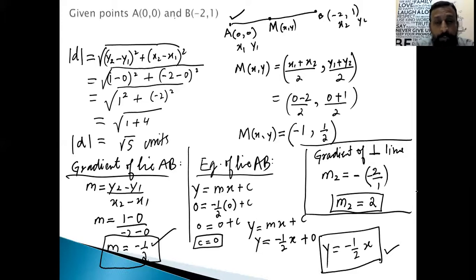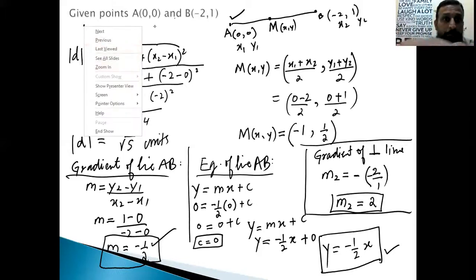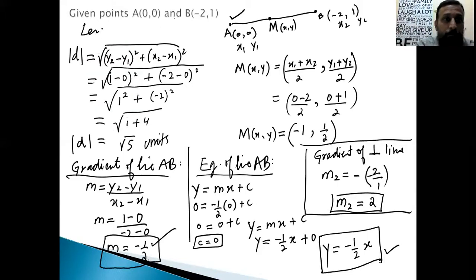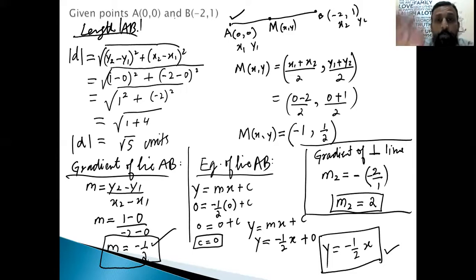So dear students, what have we recalled? We have recalled the length of the line segment, that is, length AB we have calculated here. Then we calculated the midpoint.